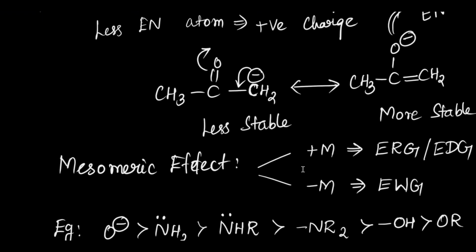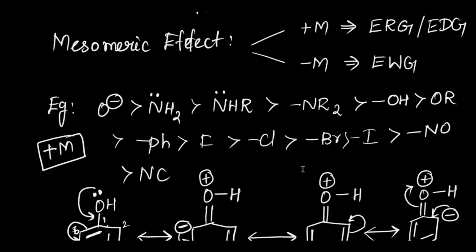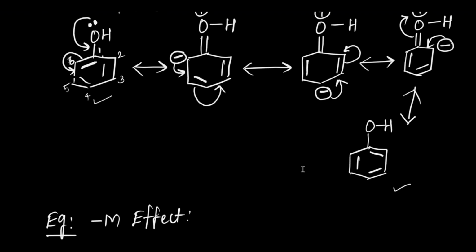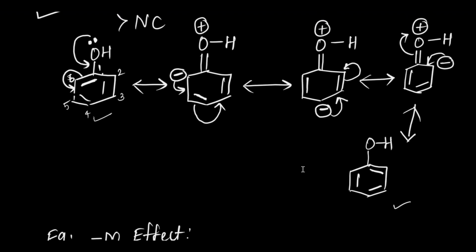Okay, like this. Then the next one is the mesomeric effect, where we again have plus M and minus M effects. Plus M effect is shown by electron donating groups, and minus M effect is shown by electron withdrawing groups. Like you can see here, this is the reason in electrophilic aromatic substitution that electrophiles are directed towards ortho and para positions or meta positions.